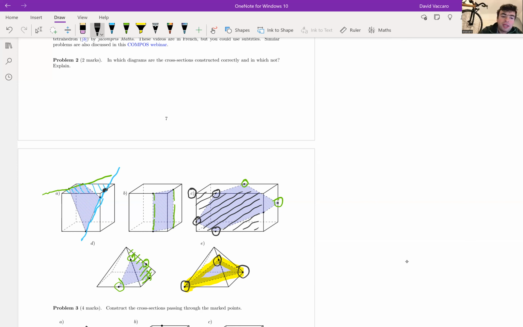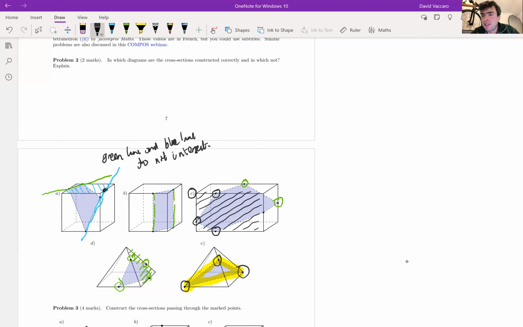So what we've got here is a green line and a blue line. They do not intersect. But if, as the diagram suggests, they lie in the plane, then any non-parallel lines intersect.